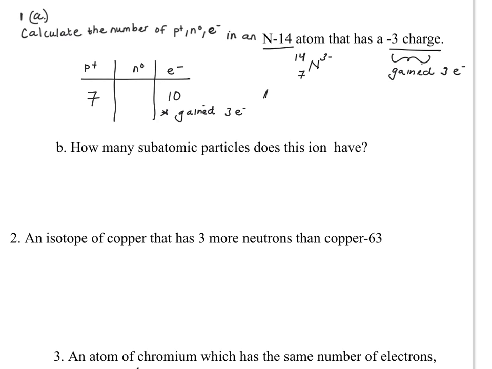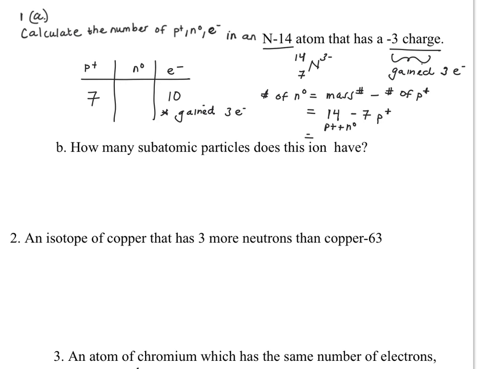And to determine the number of neutrons, that will be the mass number minus the number of protons. And that will be 14 minus 7 protons. 14 is protons plus neutrons.